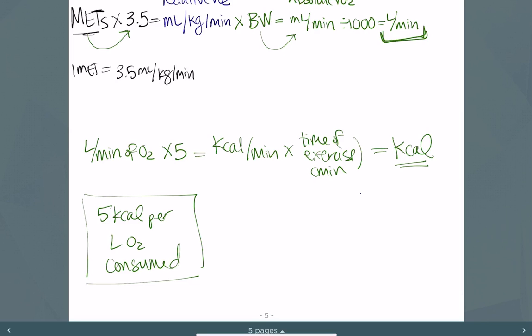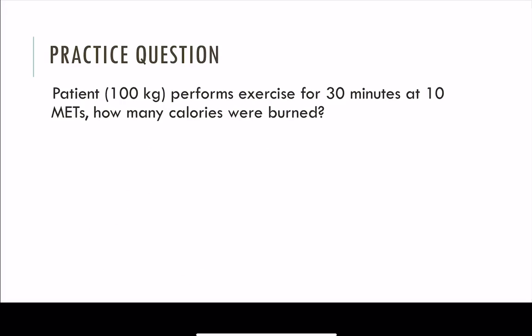So let's go back to our example. We had this 100 kilogram person exercising for 30 minutes at 10 METs. How many calories were burned? Well, if we start with 10 METs and we multiply by 3.5 to get his relative VO2, he was using 35 milliliters per kilogram of body weight per minute when he was exercising at 10 METs.